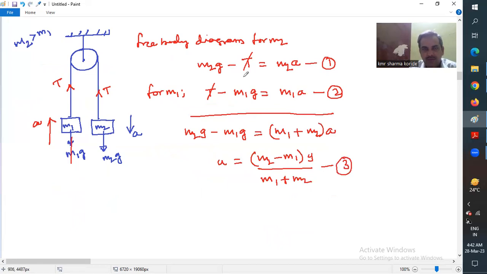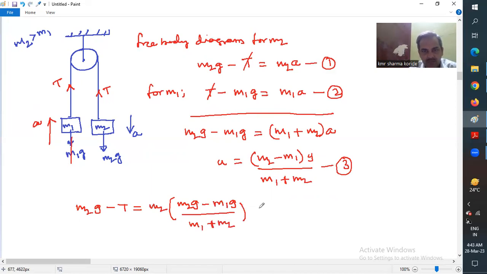If you substitute this equation 3 in any one of the equations, you get the tension in the string. So let us substitute in the first equation: m2g minus T is equal to m2 of (m2g minus m1g) whole divided by (m1 plus m2).